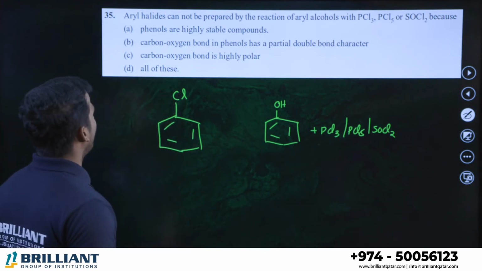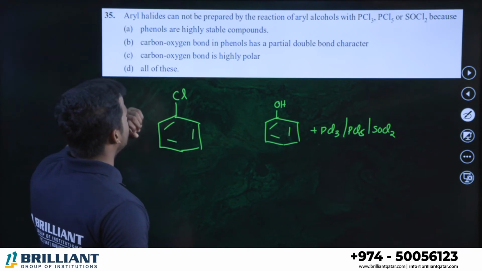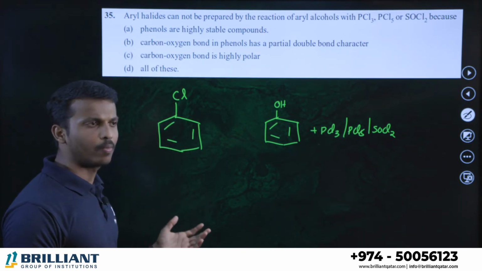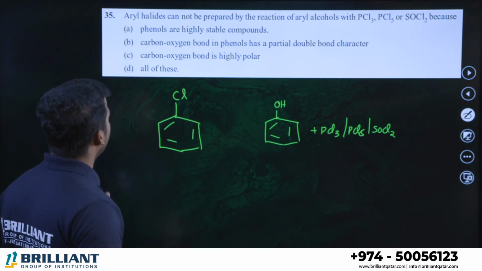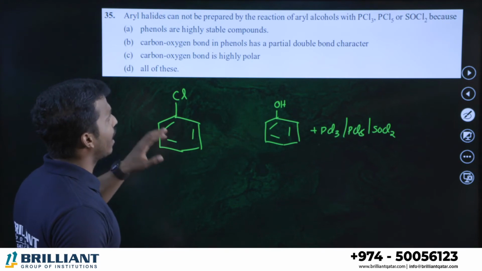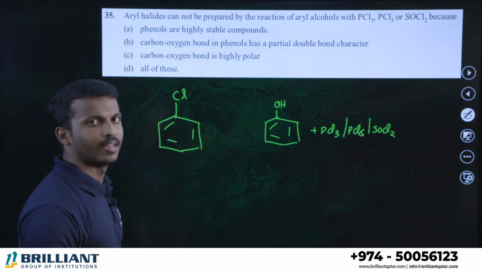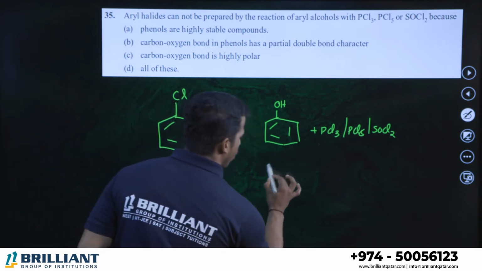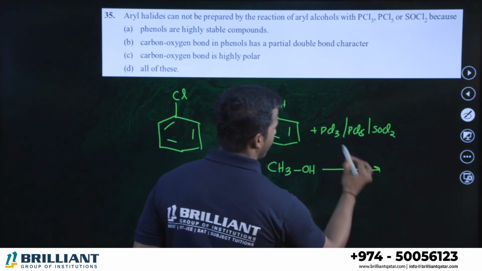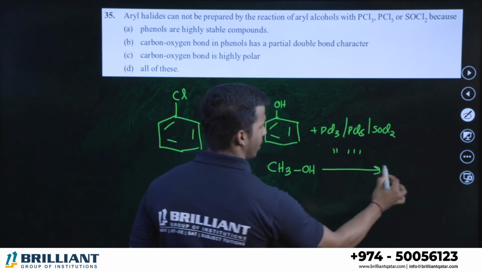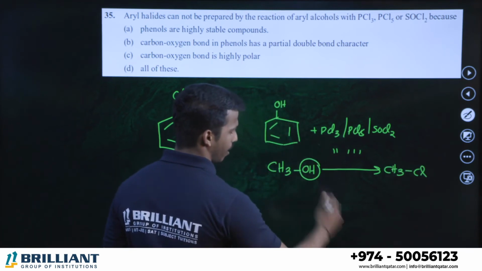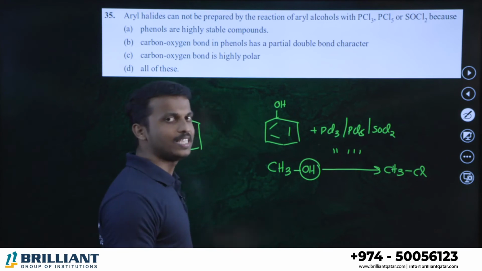Why? Phenol is a highly stable compound? Not highly stable, it can undergo reaction, right? The carbon oxygen bond in phenol has a partial double bond character. A normal alcohol, for example methanol, when you treat it with these reagents, you will get methyl chloride. This OH you can replace, chlorine you can substitute, easy one.